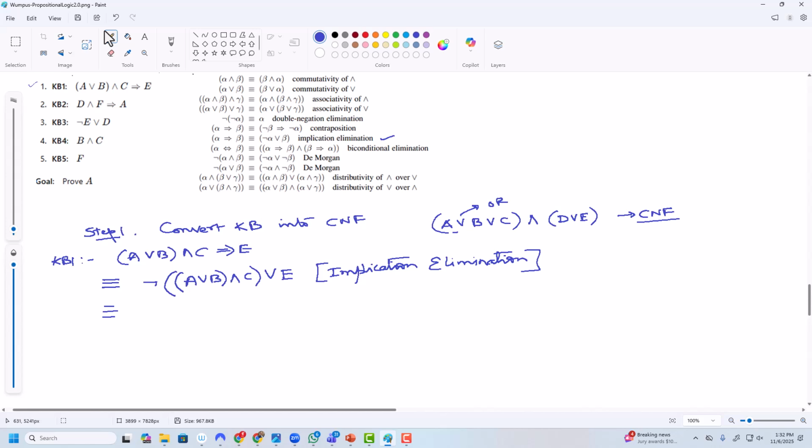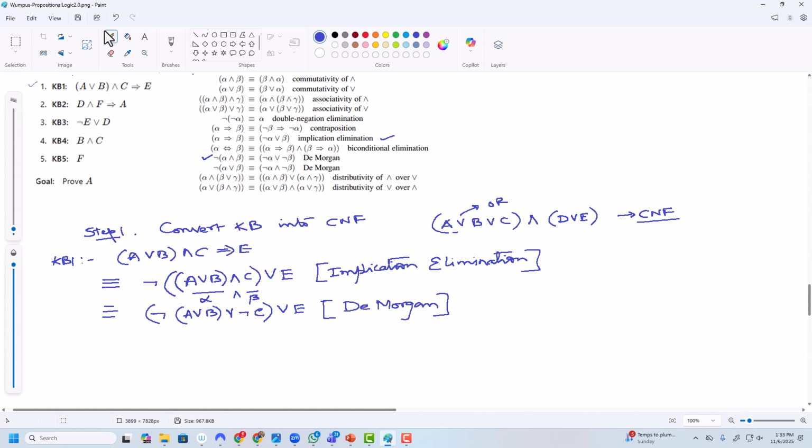So let's say this part is now alpha and this part is beta. This one, De Morgan. We'll apply De Morgan's law and say it will become not alpha or not beta. So this will become not alpha, which is A or B, or not beta, not C, that means. And this whole thing will be within parentheses, and there'll be or E. So this is De Morgan's law.